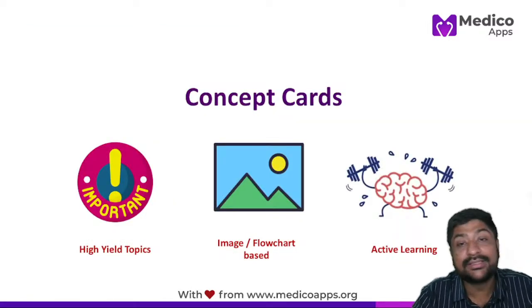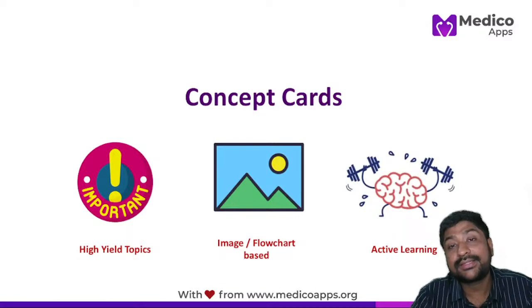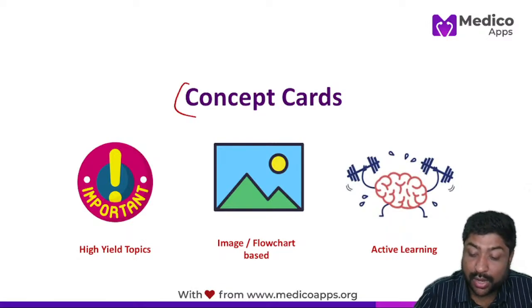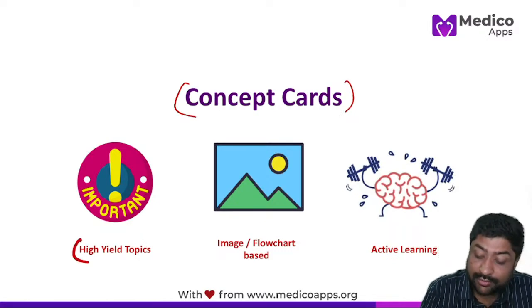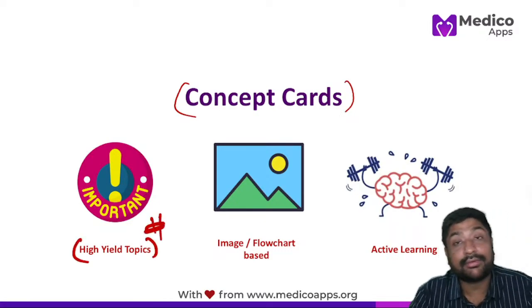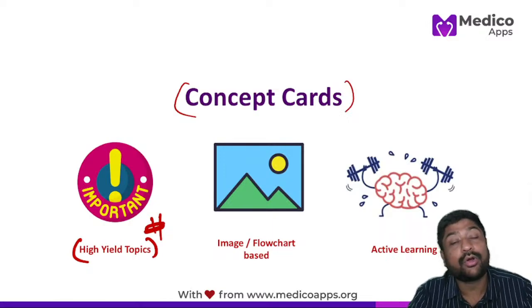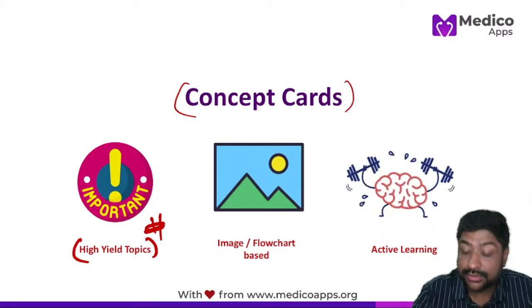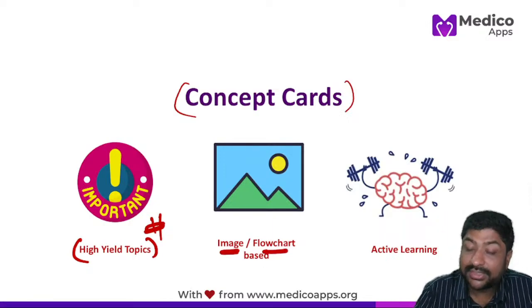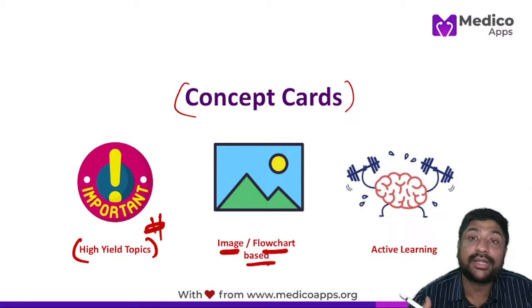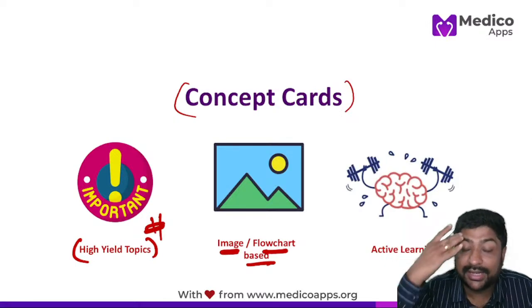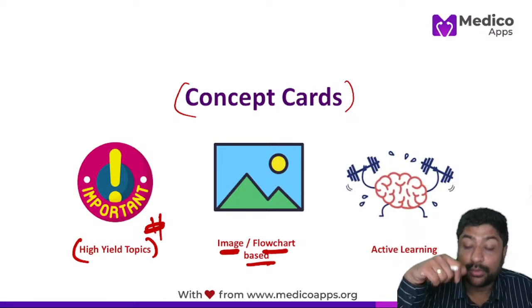For that reason, what we have come up with is something called the concept card. So how is the concept card going to help you revise? First of all, we have kept the information very limited. Only high yield topics, high yield information is there in the concept card. All the information we have tried to convert into either an image or a flow chart, in a very visually appealing way, so that you just see that information and it gets printed in your mind for the examination.